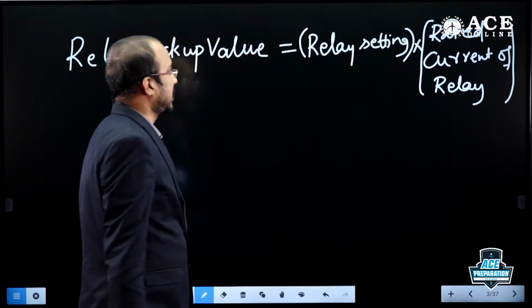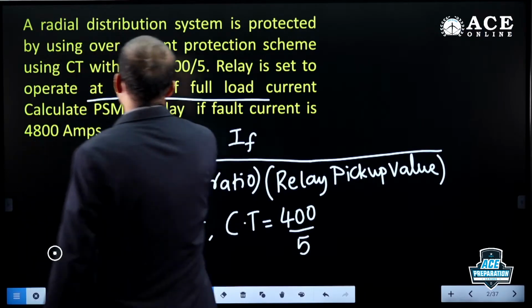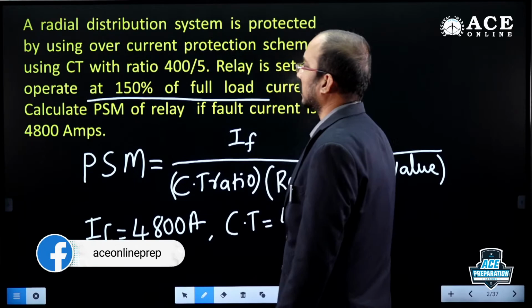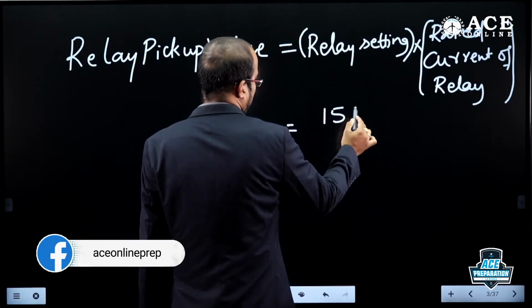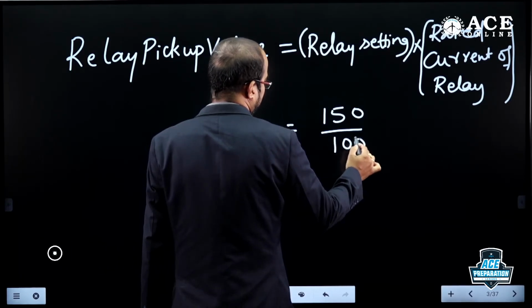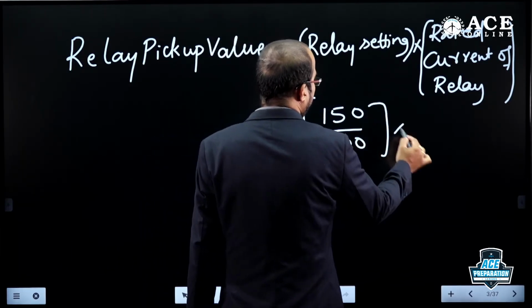If you observe the question, he has given the relay setting as 150% of full load current. So the relay setting is 150/100.